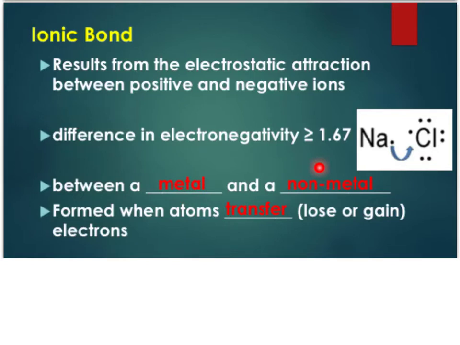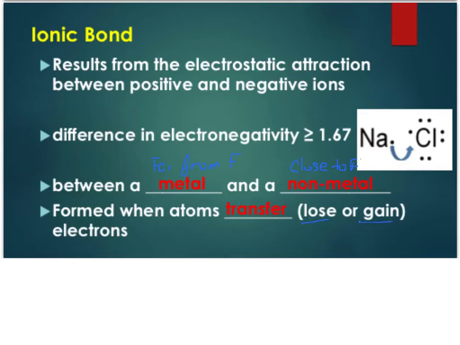So if we have a great electronegativity difference, one element is going to be close to the most electronegative element, which is fluorine, and the other is going to be far from fluorine. In this case we have a transfer of electrons, or a loss and gain.